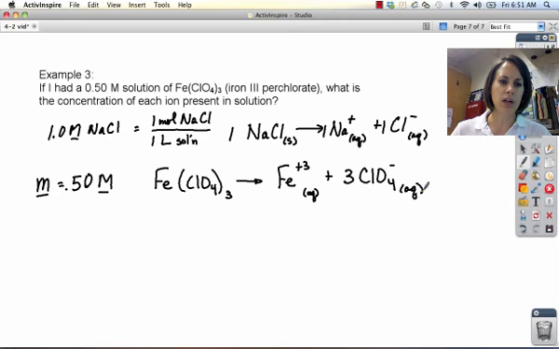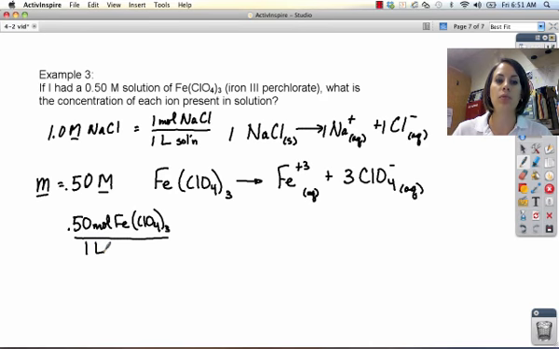So keeping those same relationships in mind, 0.50 molar means that I'm going to assume that I have 0.50 moles of iron(III) perchlorate in 1 liter. And that's what is going to break apart. So if I have 0.50 moles of iron(III) perchlorate, the relationship with my iron ions is 1 to 1. So I also have 0.50 moles of iron ions.